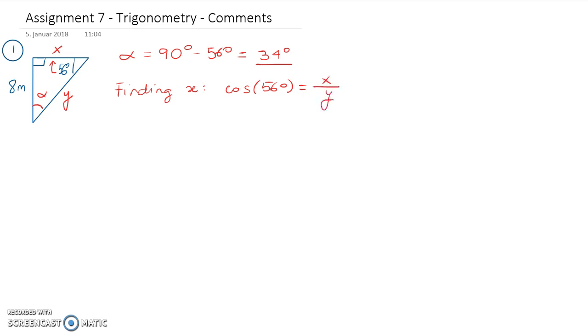And here we see that this is not going to work. It's perfectly true that cosine of 56 degrees is x divided by y, but we know neither x nor y, so this is not going to work. So we try something that doesn't work. So let me just erase, and we need to try something else.